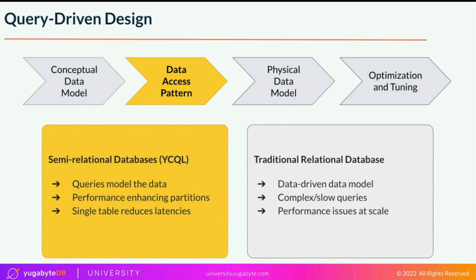There are a couple of things happening here. First off, the queries provide all that very important information that formulates how the tables and the tablets, specifically the partition keys that form those tablets, should be designed in order to satisfy that query. Other important considerations include identifying the workflows with a really high frequency of use, or really we're talking about the business domain importance, the application's mission critical workflows that must be satisfied.